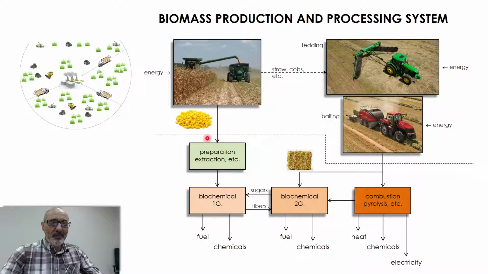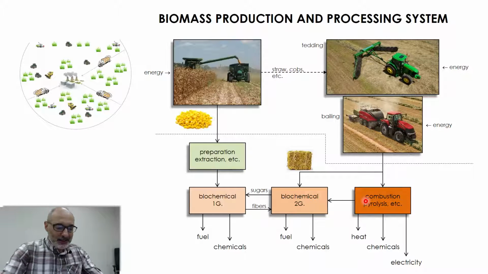But it's applicable only to those mild parts of the plant. The second pathway is for the hard parts of the plant, the hard ones in terms of processing, and this can be biochemical, which we call the second generation pathway, but also it can be a thermochemical pathway.